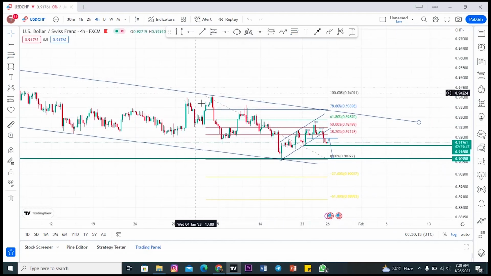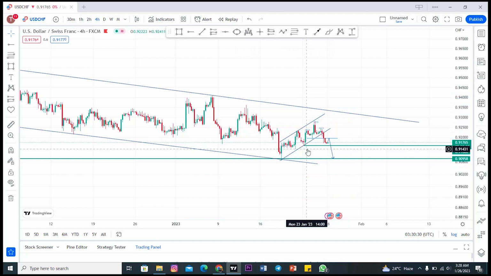Now you can see here is the highest point, and here is the lowest point where price started to correct to the upside. Now price has corrected to the upside again. Let me take off the Fibonacci. Price has retraced back to the upside again, giving us a nice retracement level or a correction.